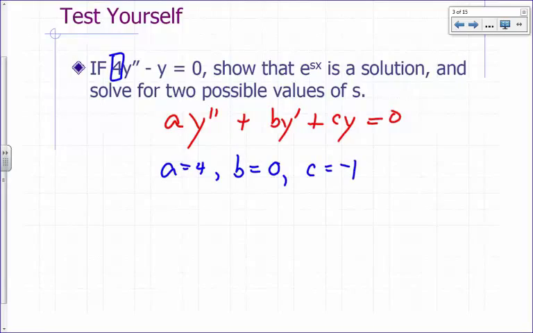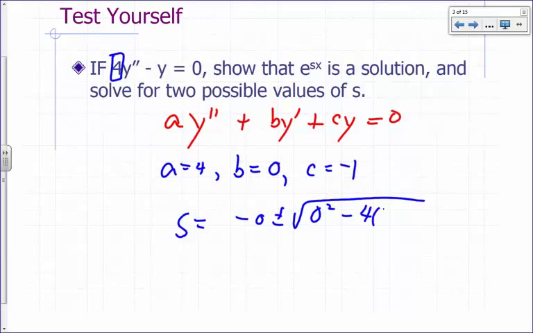What's our c? c is -1. So s would be equal to -0 plus or minus the square root of 0 squared minus 4 times a, which is 4, and c is -1, divided by 2 times a, 2 times 4.